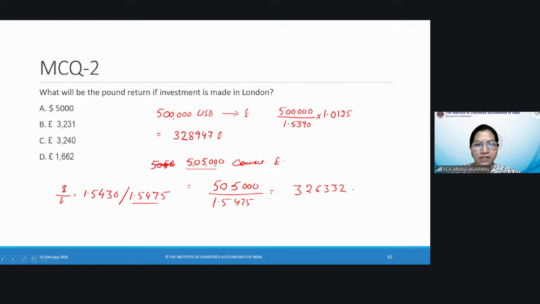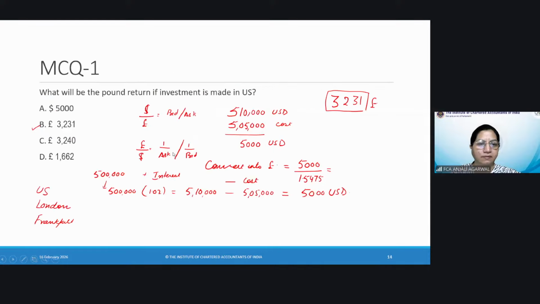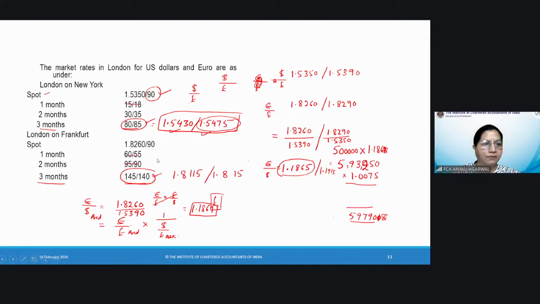Now you need to sell the $505,000 also. Now dollar is clearly straight away available. This is for dollar, not euro. The rate after 6 months is this, 1.1855 and 1.815. So you'll apply 1.815.